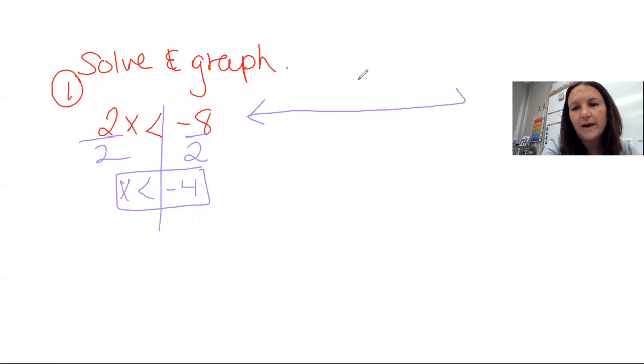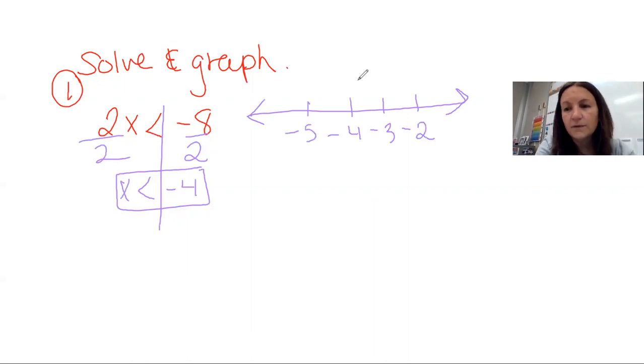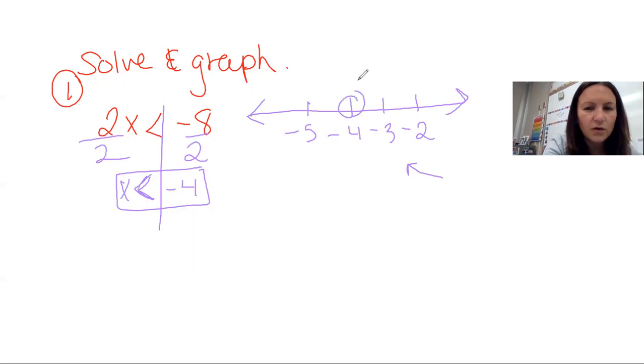So when we say graph an inequality on a number line, you use a number line, and I require 3 consecutive numbers. So if x is less than -4, I'm going to keep the circle open.